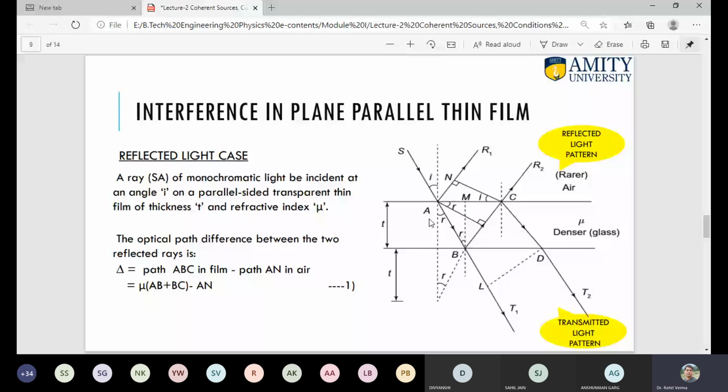In this case, what we have assumed is that there is an oil film or soap film on the surface of water, and this one is air.